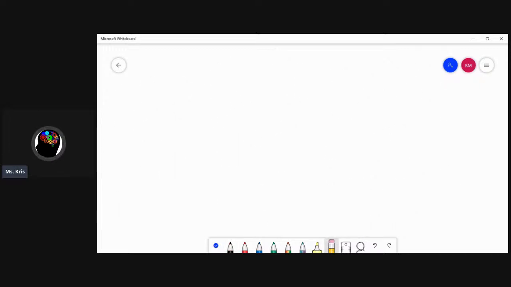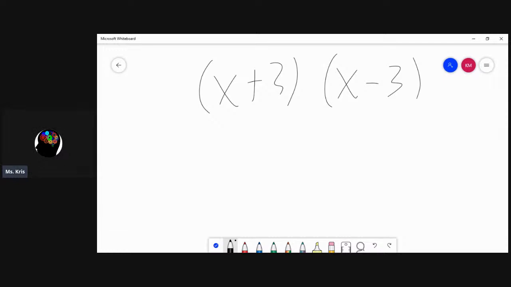Last but certainly not least is one of my favorites, which is the difference of squares. Say, for instance, you have x plus 3 and you have x minus 3. Difference of squares, say if I have the exact same terms but opposite signs, such as a plus b times a minus b, therefore it is a squared minus b squared.